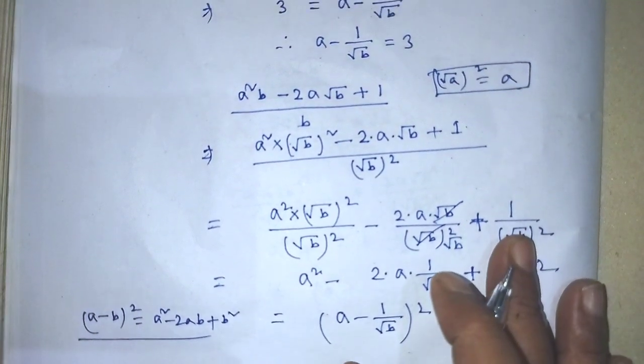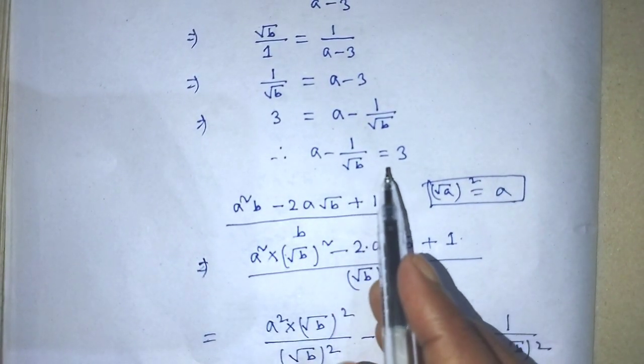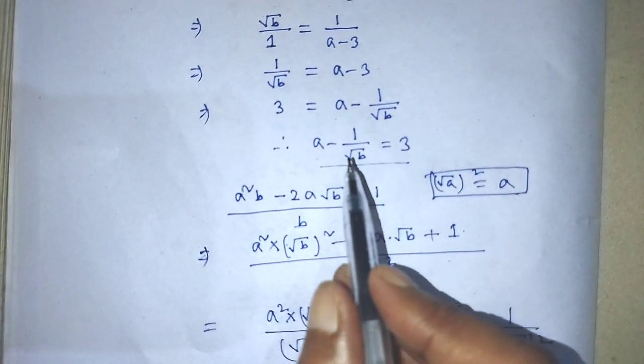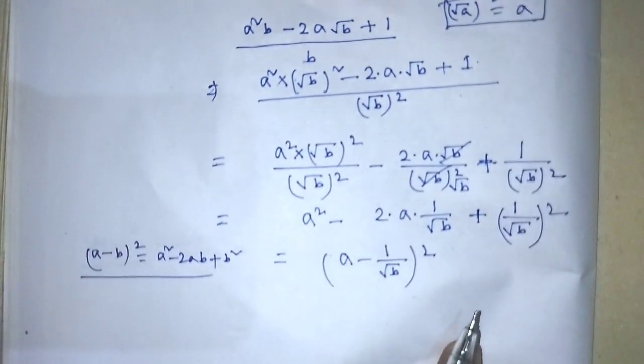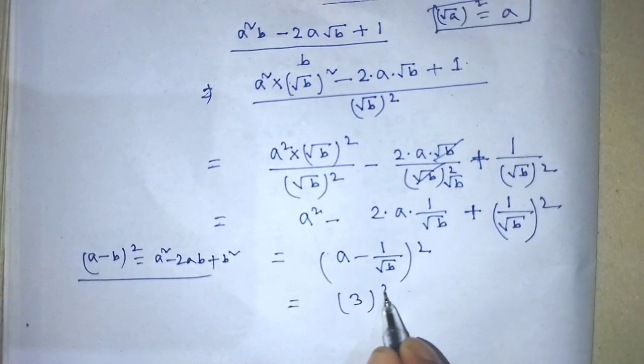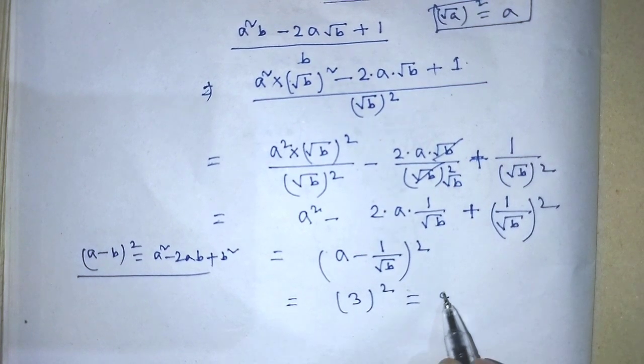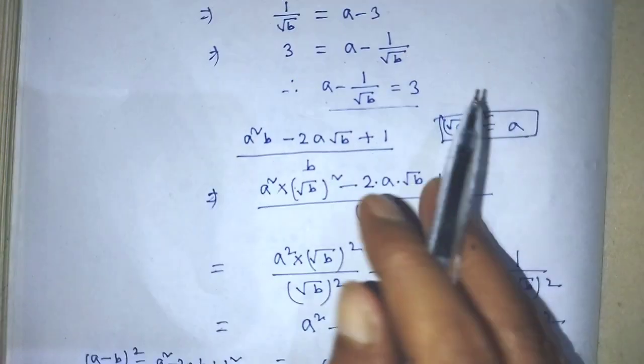We know that the value of a minus 1 over root b is equal to 3. So we can put this value in this expression. Now we can write 3 to the power 2, which is 3 square, that is 9. So this is our final answer.